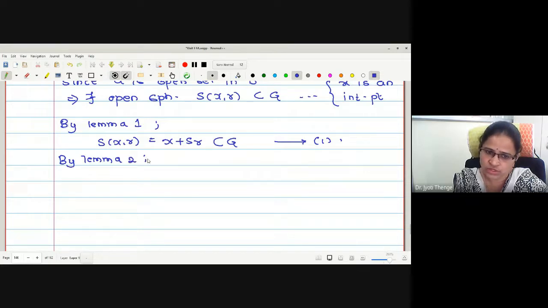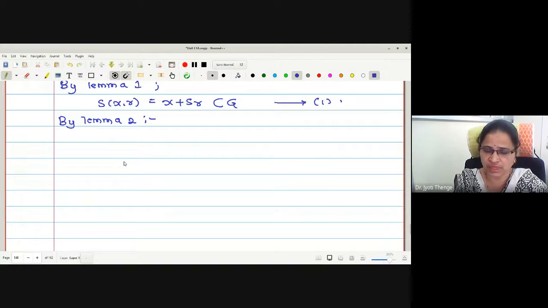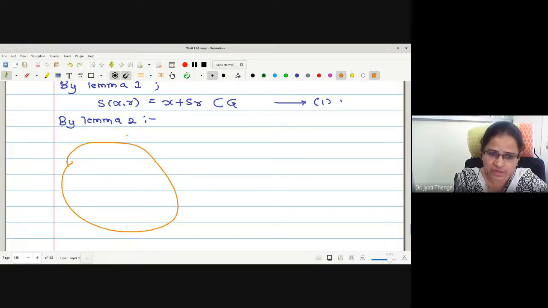What lemma number 2 says is that if we have an open sphere centered at origin in B, then its T image contains an open sphere centered at origin in B dash. Correct? Let me show you here. In the set B, let this be B dash.